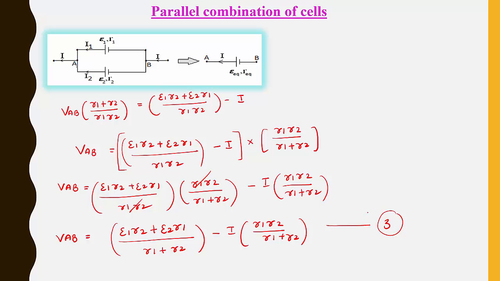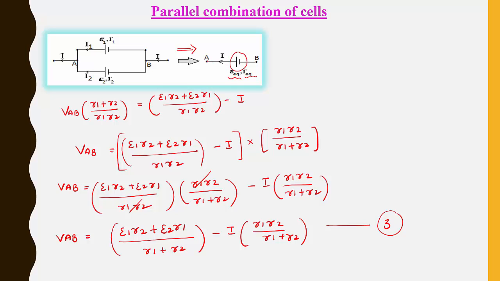Is it clear? So this is for the parallel combination. Now I am going to replace these two cells by a single cell. You can observe this diagram. Instead of taking this parallel combination of two cells, I am going to take this part, replacing these two cells by a single cell having equivalent EMF EEQ and internal resistance REQ.